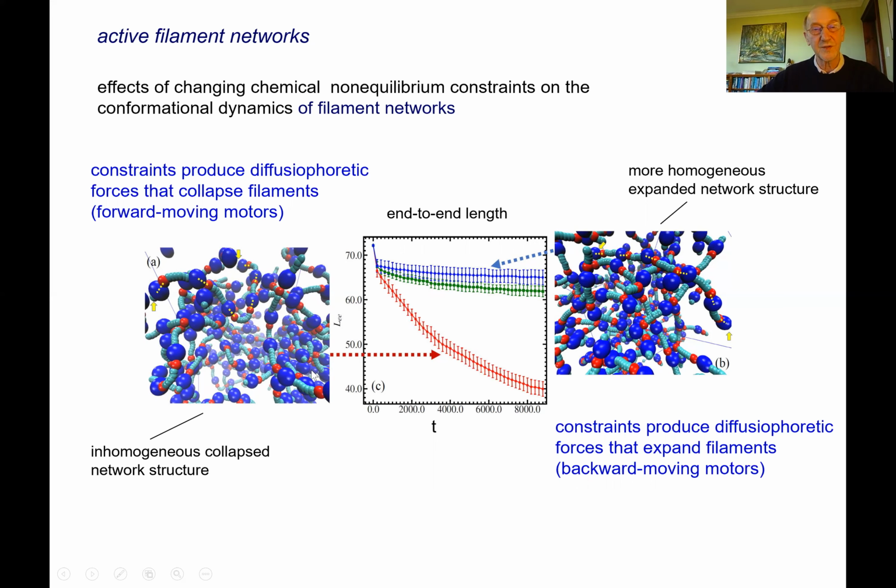You can also see there's a strong clustering, which is related to the clustering properties of active motors. On the other hand, if the motors move backward just by tuning the environment, then I have an expanded network with no clustering. The upper curve shows, again, the mean end-to-end length in the system. And this middle curve is an inactive network.